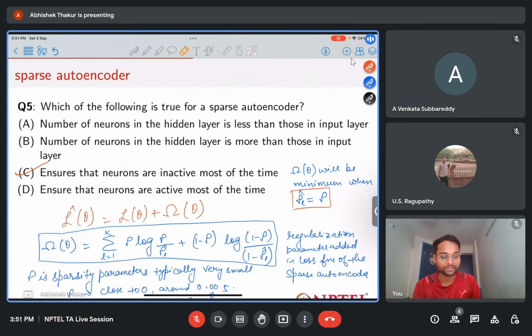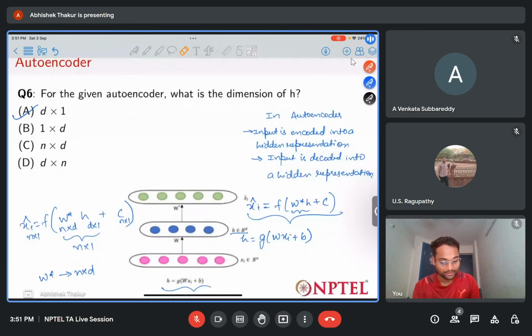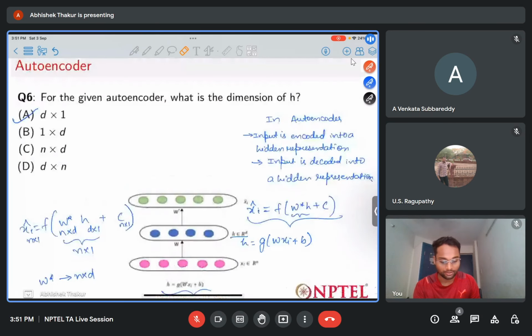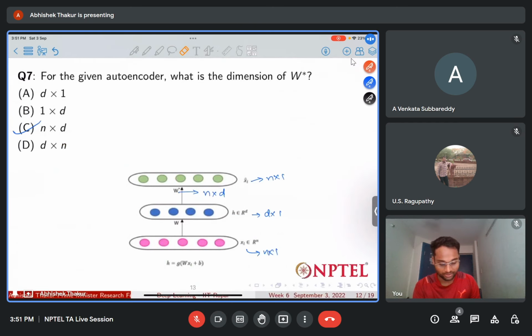After that, we saw the regularization parameter added in sparse encoders and also some questions. And then the dimensions of various parameters in the autoencoder like w, w star, b, h, xi, xi hat. We have seen the dimensions of all these parameters.